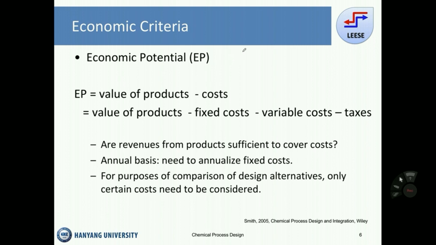Another economic criterion is called the economic potential. Economic potential is given by the value of a product against the cost incurred by the production. Costs include the fixed cost and the variable cost and some expenses, for example, tax. Based on the economic potential, we have a rough idea whether the process is economic or not.